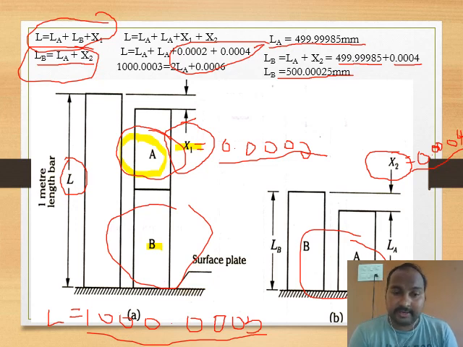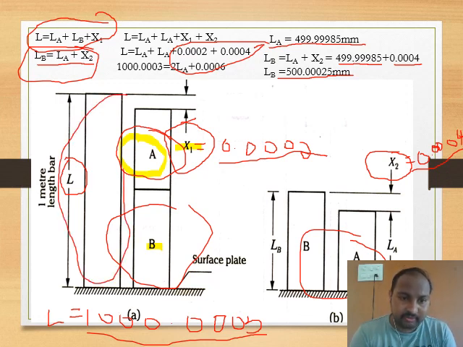This is the procedure of calibrating the end bars. The basic definition of calibration is always based on some known standard, because we know the actual length of this standard length L. So we are calibrating, that is, comparing the known standard with the unknown standards LA and LB.